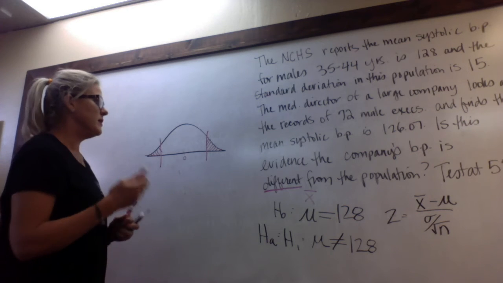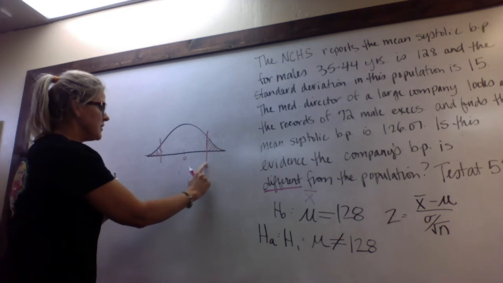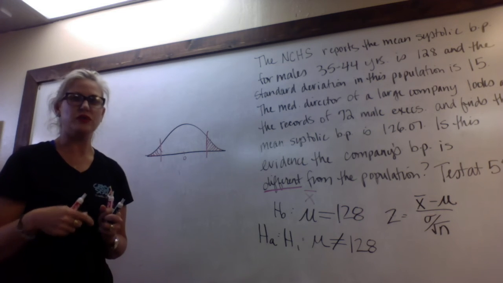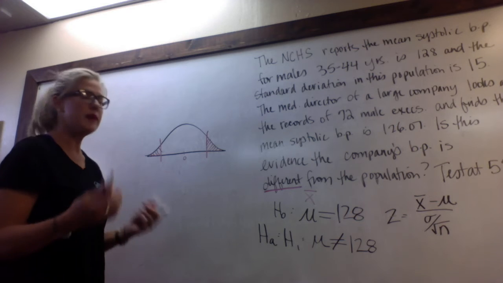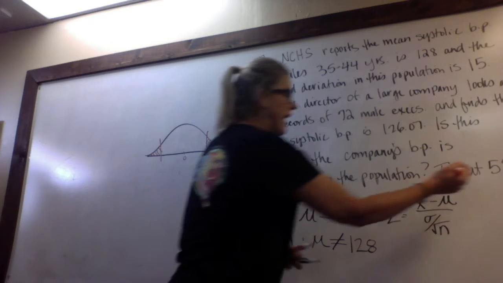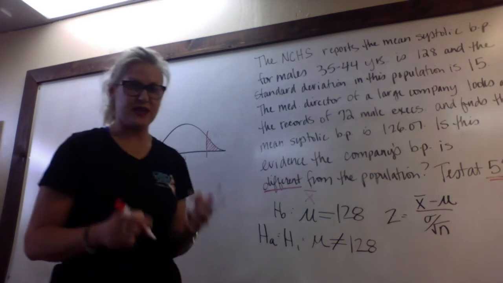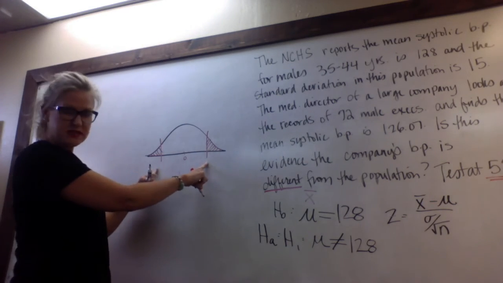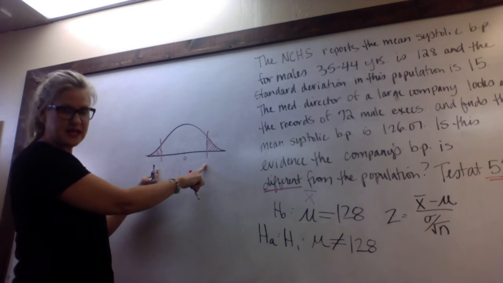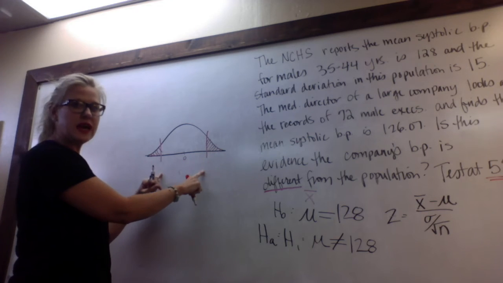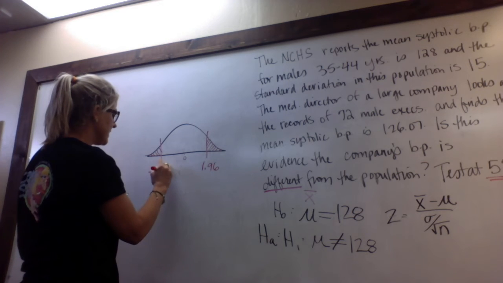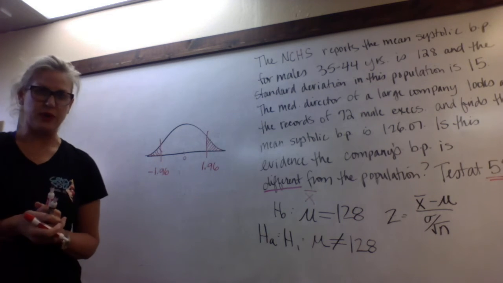Now, there are many different ways to find these. You can either memorize a few standards, or you can use a z-table, or you can actually use your calculator. But for the sake of ease, at 5% significance, which impacts these guys, and two-tailed, which impacts these guys, the critical values that come from the z-table are 1.96 and his negative counterpart.